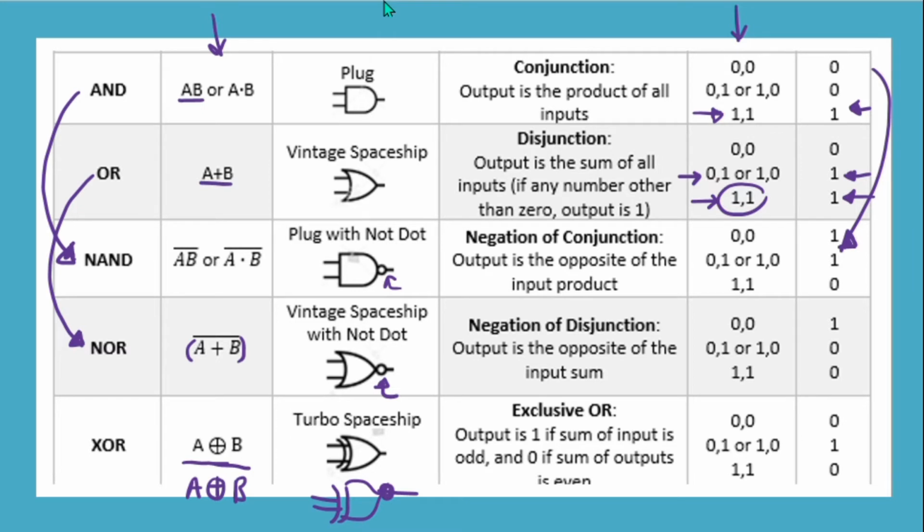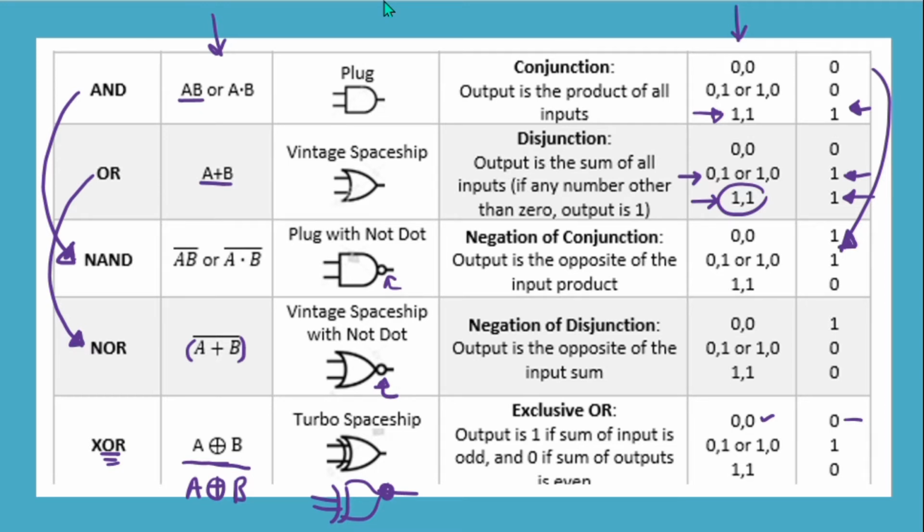Now, the way I explain XOR is we're going to talk about sums because it's kind of got OR built into it, and that is a sum gate. So if you add things up and you get an even answer, like 0, then your output is even, 0. If you add things up and you get an odd answer, 1, then your output is 1.